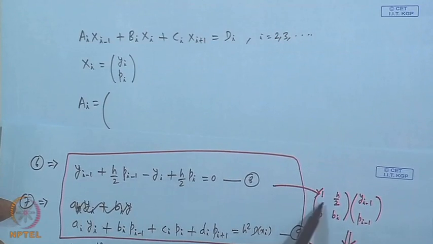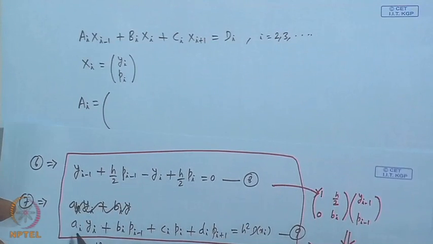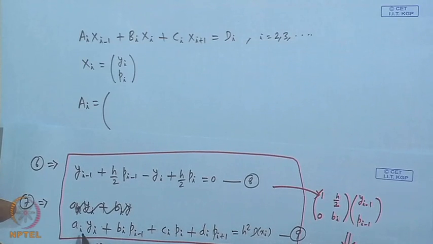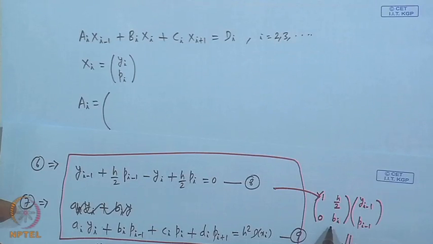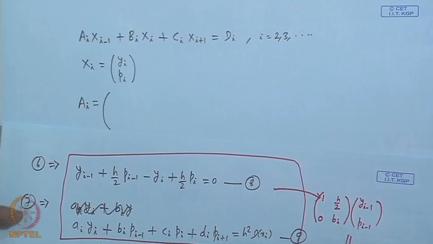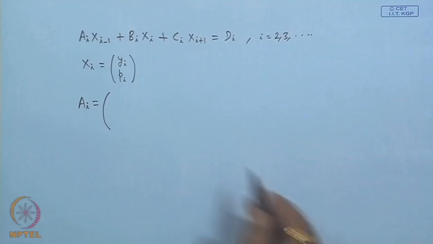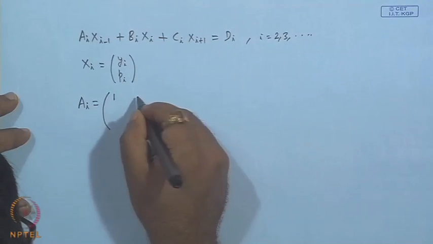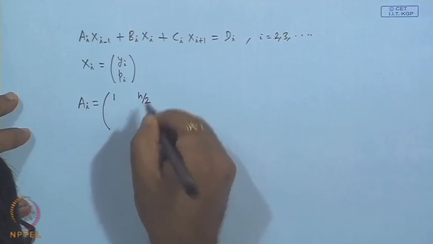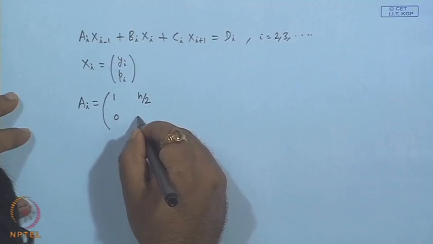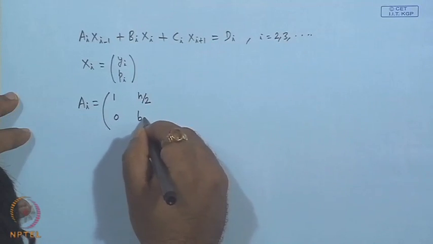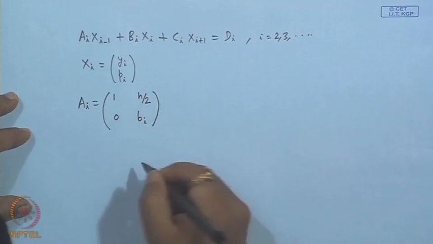So, here 1 comes and from here h by 2, from here there is no y I minus 1, therefore 0 and for p I minus 1 we have B I. So, this must be our A I. So, what was our A I? 1, h by 2, 0, B I.